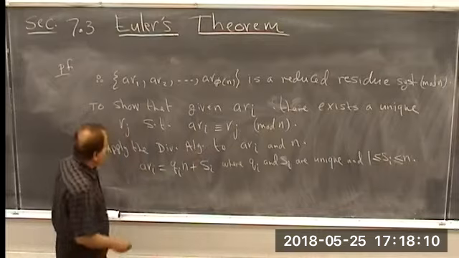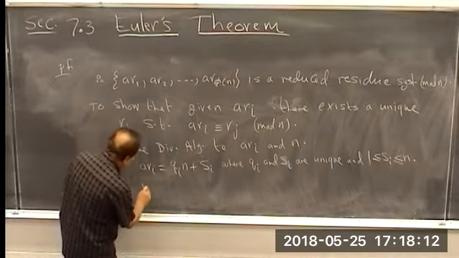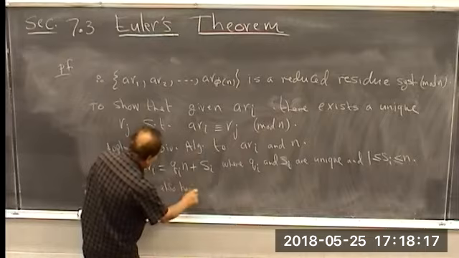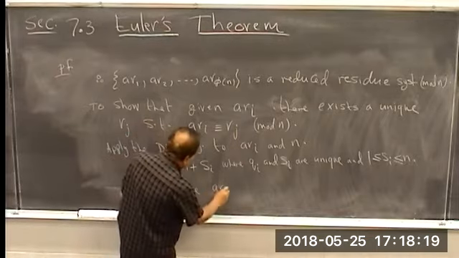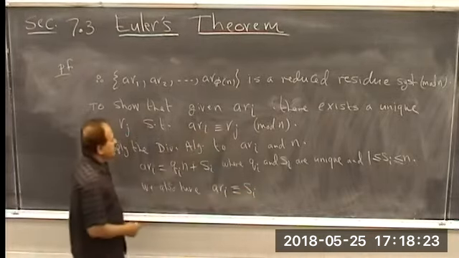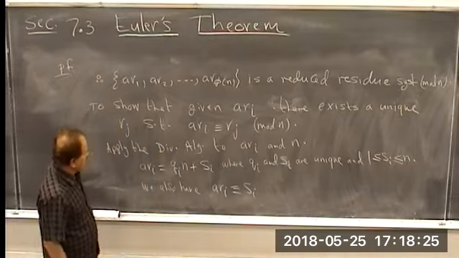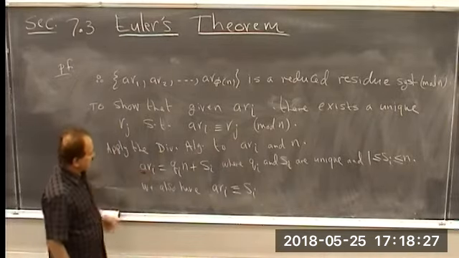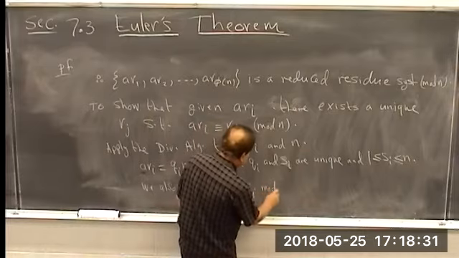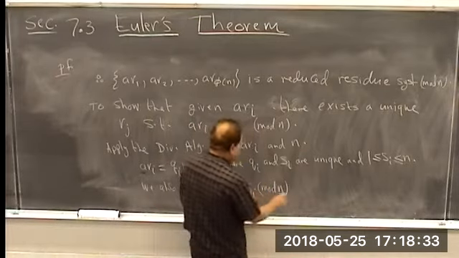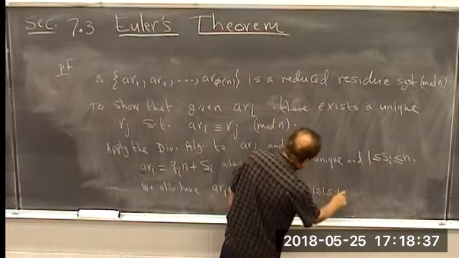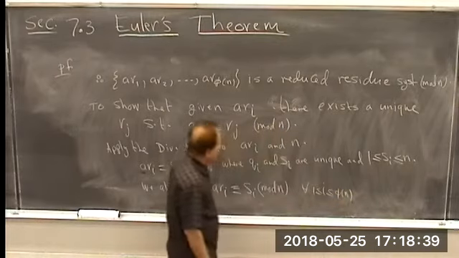Moreover, we also have ARI is congruent to S sub I, with the same remainder, mod n. And this is a proof for every R, and the n.